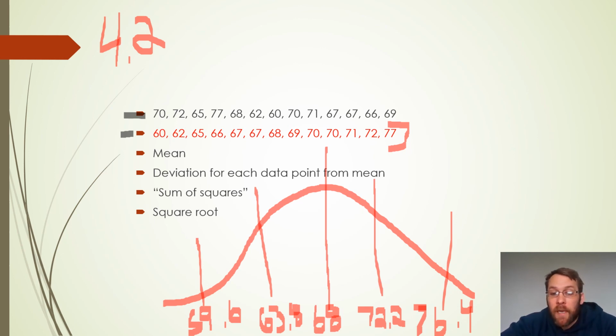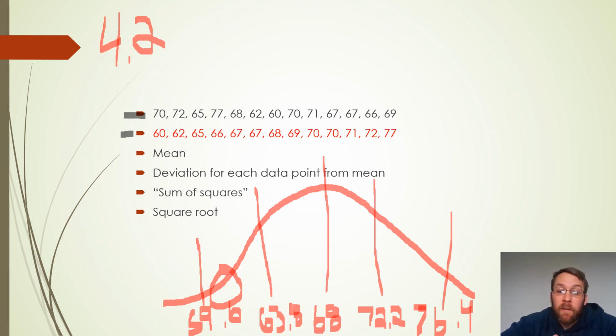If you're the person who's only 60 inches tall, you're sitting down here like, I'm 2 standard deviations below average. If you're up here and you're 77 inches tall, you're able to say I'm 2 standard deviations above average. All right. If you're a person who's 68 inches tall, you say I'm right at the average. All right, so that's describing the current data.